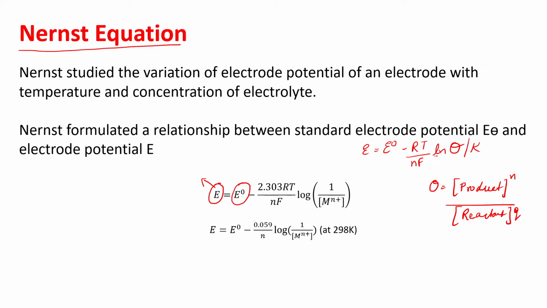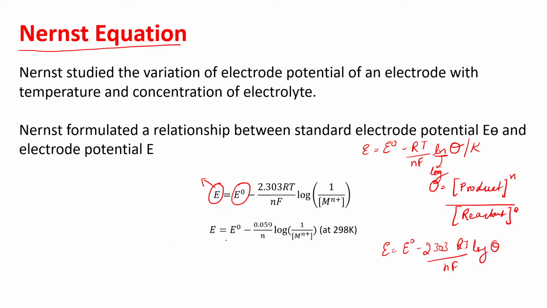If we convert this ln into log, then we multiply with 2.303. So E is equal to E naught minus 2.303 RT by nF log Q.